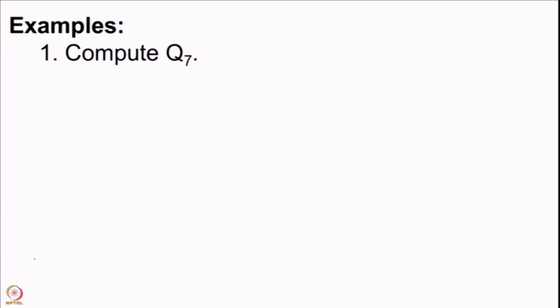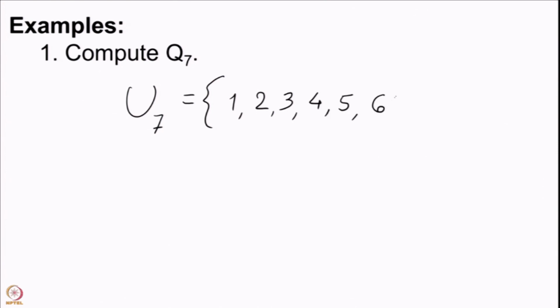But let us see whether we can do some simple calculations and try to find the squares in Q7. So, what are the squares in Q7? We need to find U7 first. U7 is simply all elements which are co-prime to 7. So, these are the 6 elements, and then Q7 is going to be the squares of these elements. So, 1 squared is 1, 2 squared is 4 and 3 squared is 9, which is 2 modulo 7.